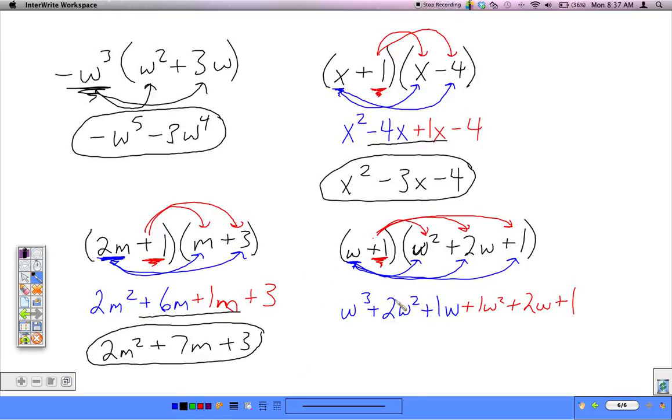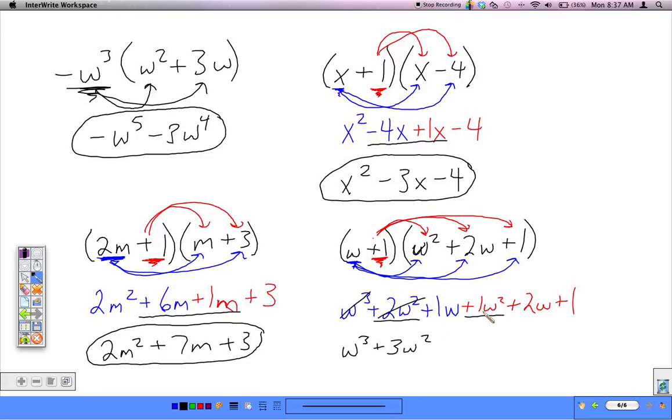So since there are no more that have an exponent of 3, that term is good. This has an exponent of w to the second power, as does this. So 2w squared plus 1w squared, we've added polynomials before. We know that their coefficients are what get combined, so 2 plus 1 makes 3w squared.